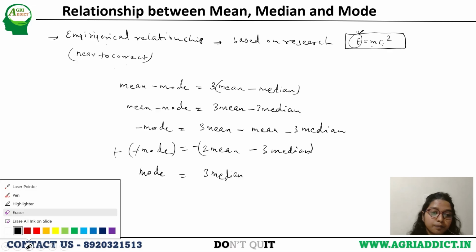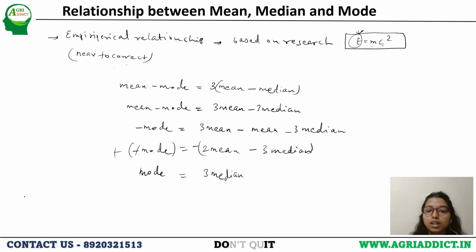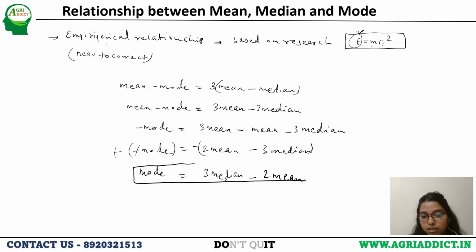Wait a minute. 3 median, it will be coming minus 2 mean. So this is the relationship you should remember: mode is equal to 3 median minus 2 mean.